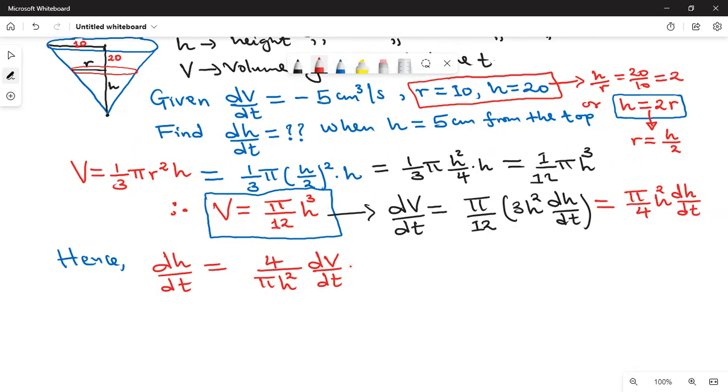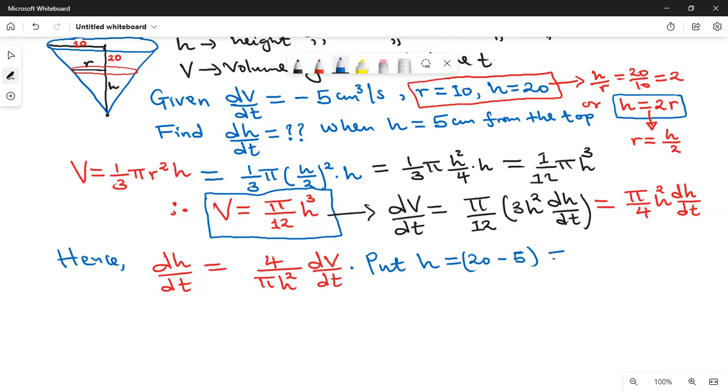The trick here, don't put h equal to 5, but it should be 20 minus 5, because we are given the distance from the top, but h is the distance from the vertex of the cone.